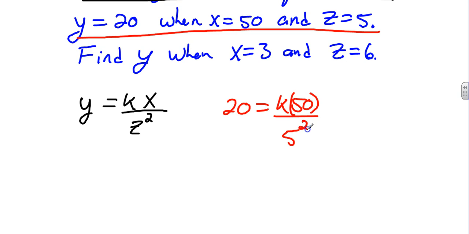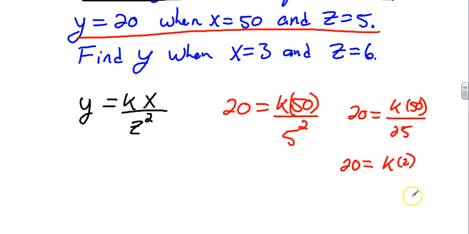So after you put in the number there, make sure you go back and do 5 squared. So this one is 20 equals k times 50 divided by 25. And 50 divided by 25 is 2. So it's k times 2, so we've got to go back and divide both sides by 2. So then our k value is 10.